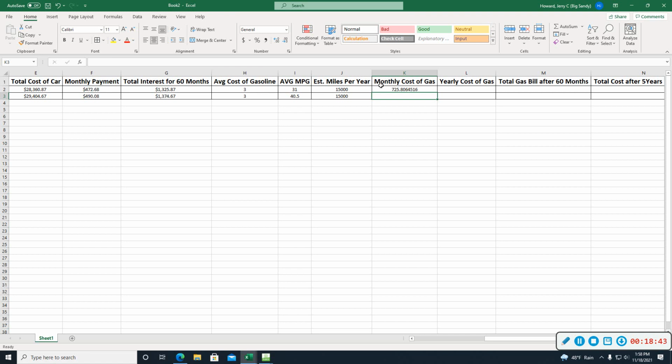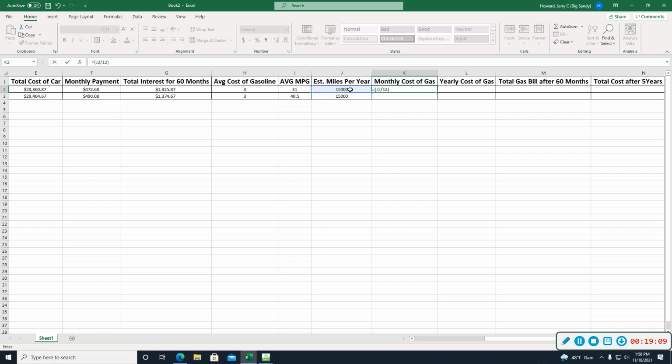And that's way too much. Let's see what's going on with that. So again, when we do this, 15,000 miles per year, we're trying to get the month. So do your equals, put parentheses around it, catch this one, divide it by 12.